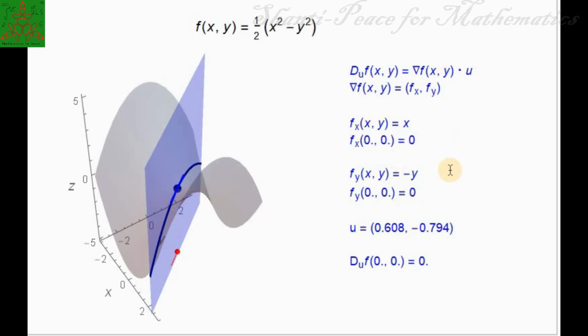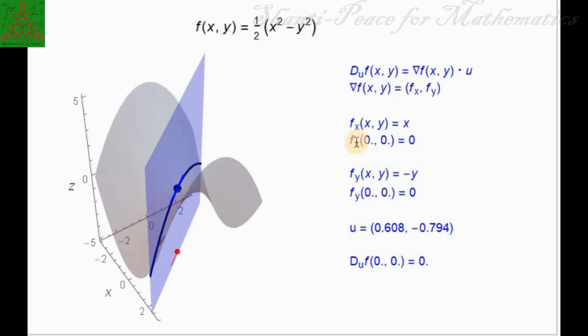Here on the side I have computed the directional derivative, and how it is computed we will learn later on. Here you can see that the directional derivative at the point (0, 0) gives you 0.